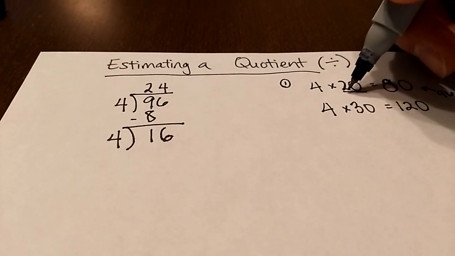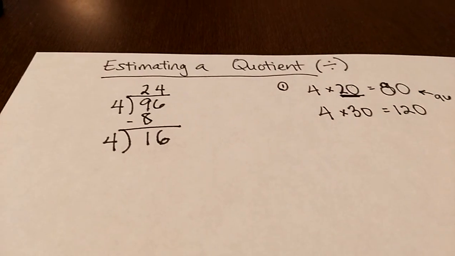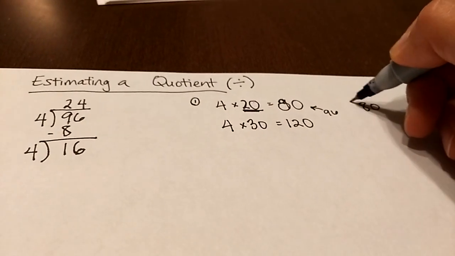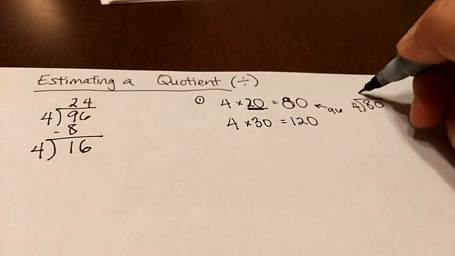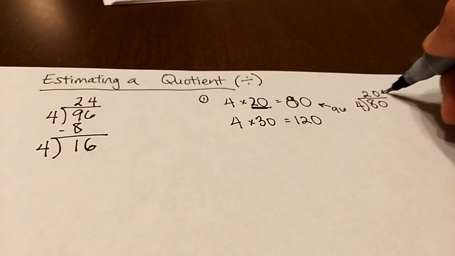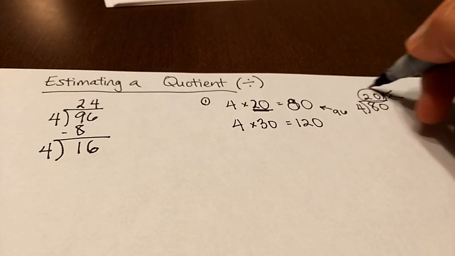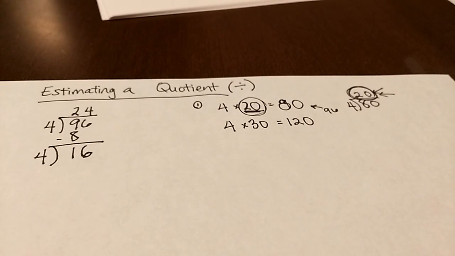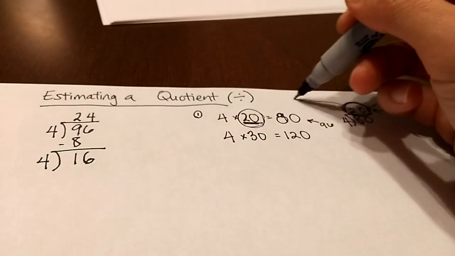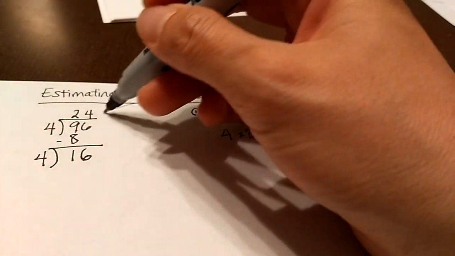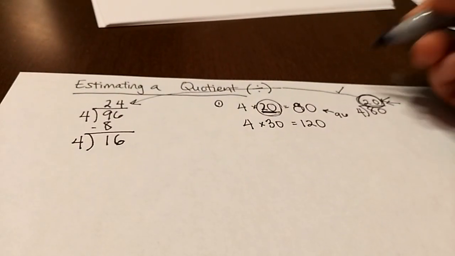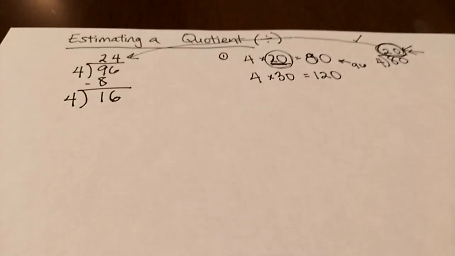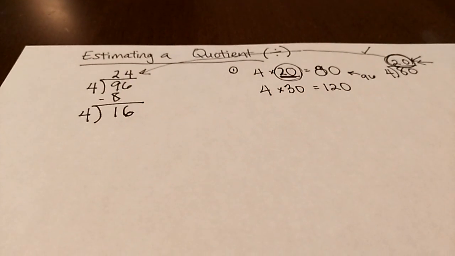So my estimated quotient is going to be 80 divided by 4, which is 20. This is my estimated quotient. And is that close to my original quotient, my actual quotient? Yes, it is.